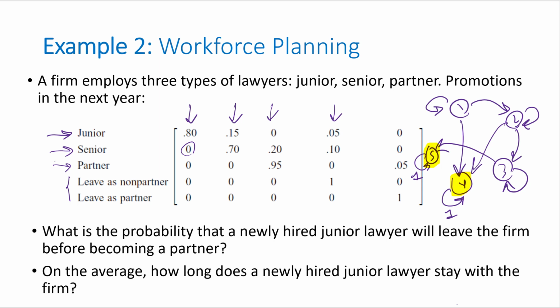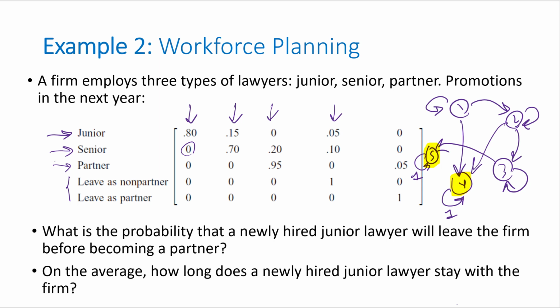It basically asks, on average, how long does it take for a transient state before it gets absorbed in one of the absorbing states. So before a junior either leaves as a non-partner or leaves as a partner, for how long on average do they stay with the company. So this is another type of question that we are interested in.